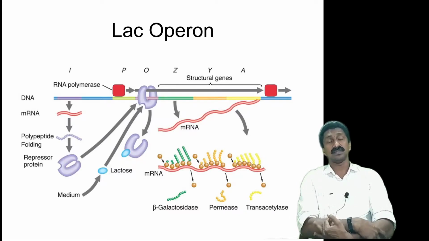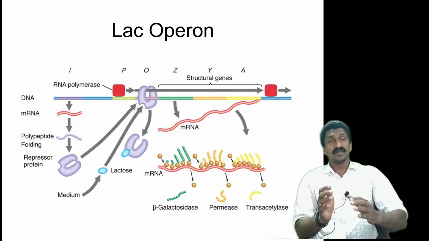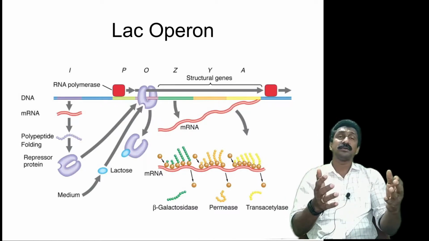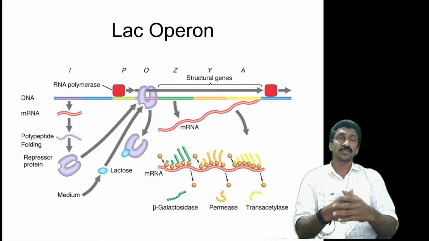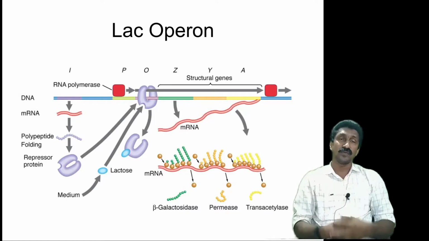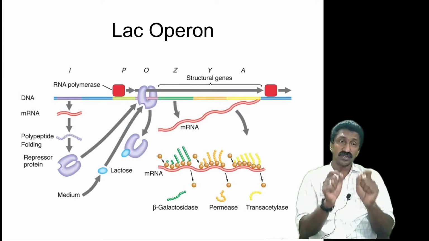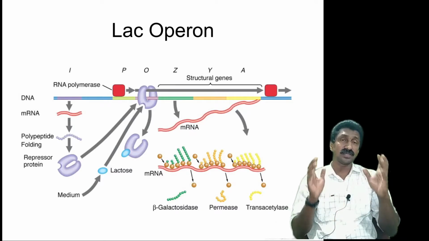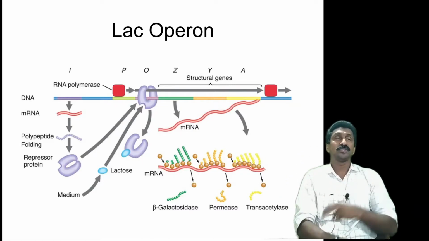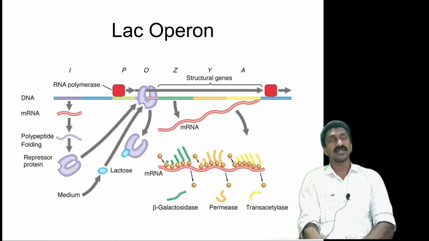That is an interesting fact, because the system should not trigger the transcription of these structural genes by the presence of a few molecules of lactose. It should ensure that there is a sufficiently large quantity of lactose present in the medium so that the operon starts transcription and production of the concerned structural genes.